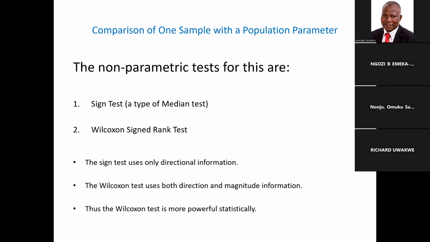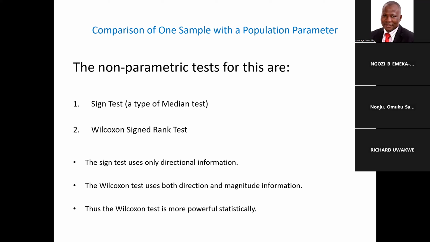Now, the non-parametric tests we are looking at, we already said, are the sign test, a type of median test, and the Wilcoxon signed rank test. The sign test uses only direction. We are starting with comparison of one sample from a population. That is the situation we had yesterday with the one sample t-test. If we are not using it because the data does not follow a normal distribution, the non-parametric counterparts are the sign test or the Wilcoxon signed rank test.